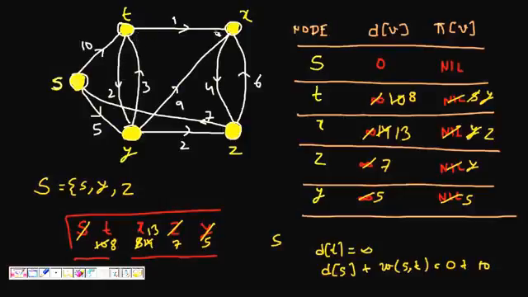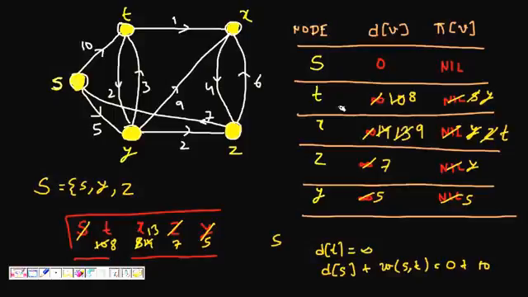From t if I go to x, t is 8 now, so 8 plus 1 is 9. x is presently 13, so x now becomes, via t, 8 plus 1, 9, so x gets updated, it becomes 9 with the parent as t.